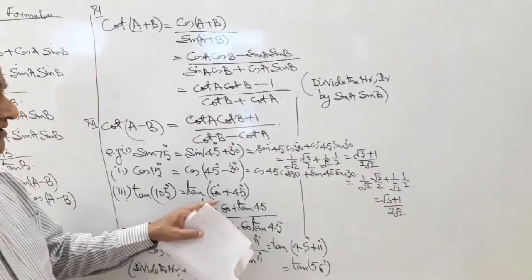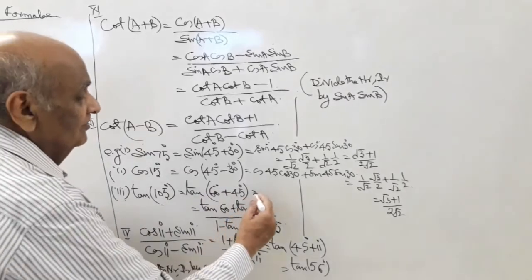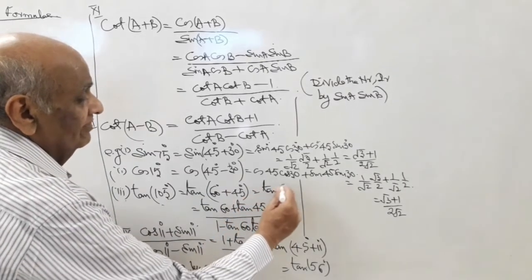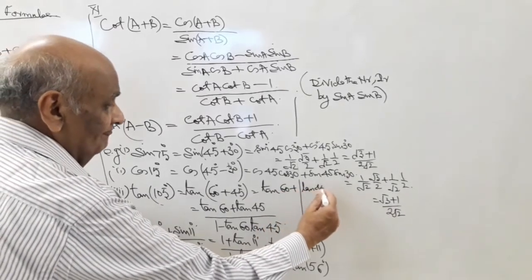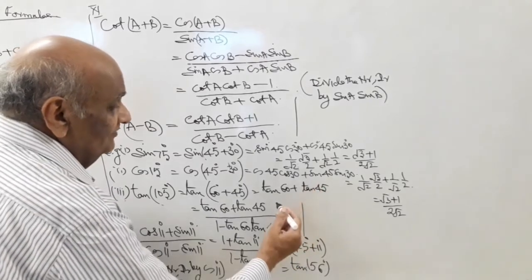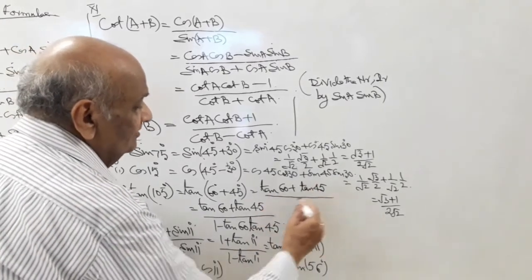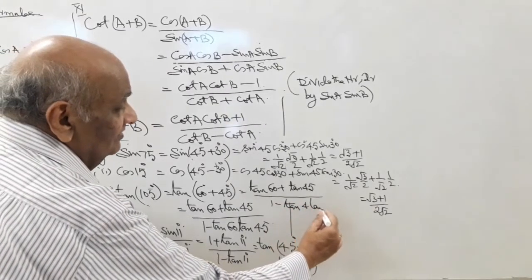Of 60 plus 45, that will be equal to tan 60 plus tan 45 over 1 minus tan 45 tan 60.